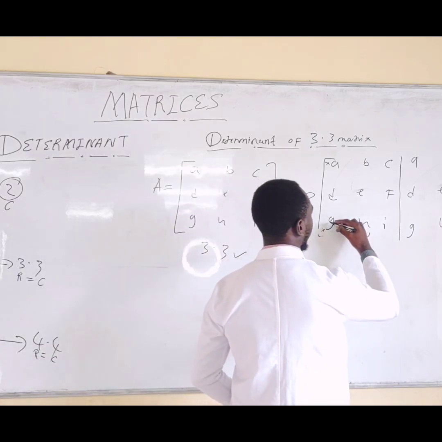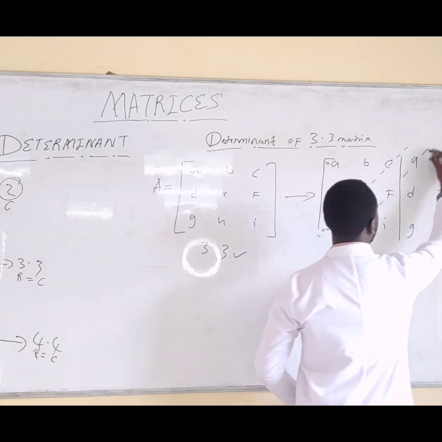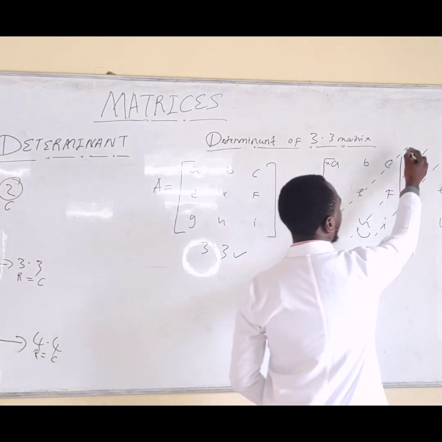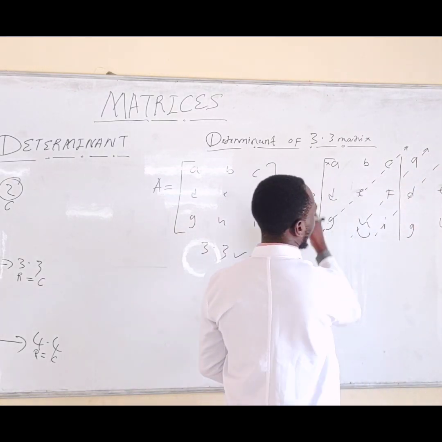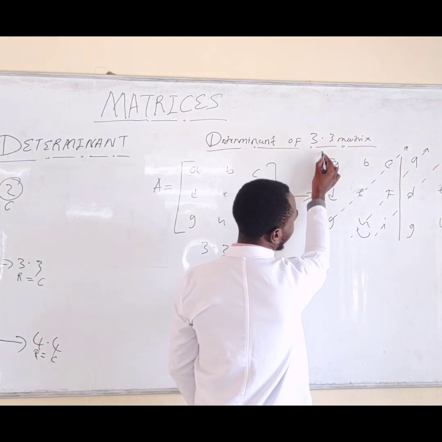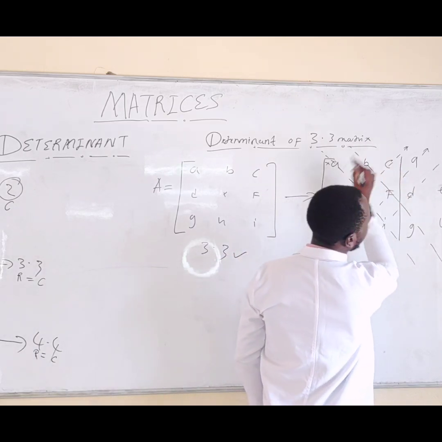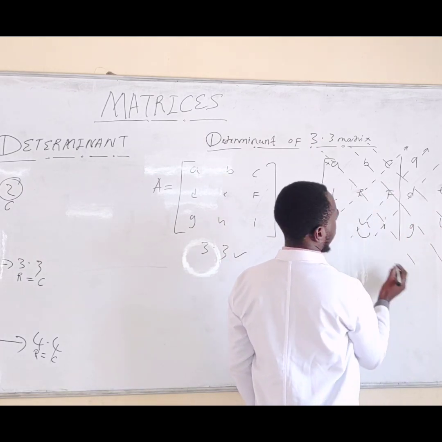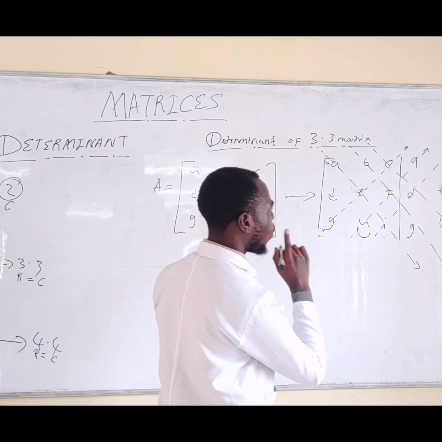Here you are going to start with a dotted line like this, another dotted line like this, and another. I believe you have observed. Then you are going to come up with another dotted line like this, another, and another.